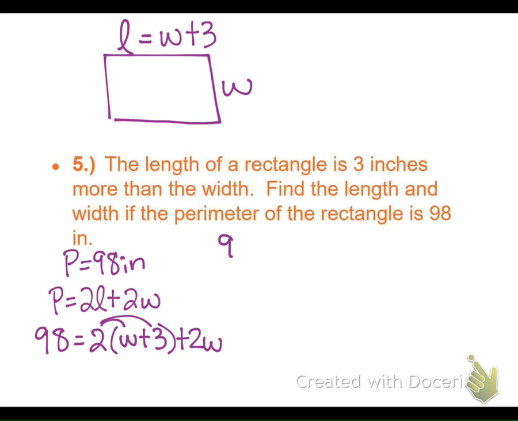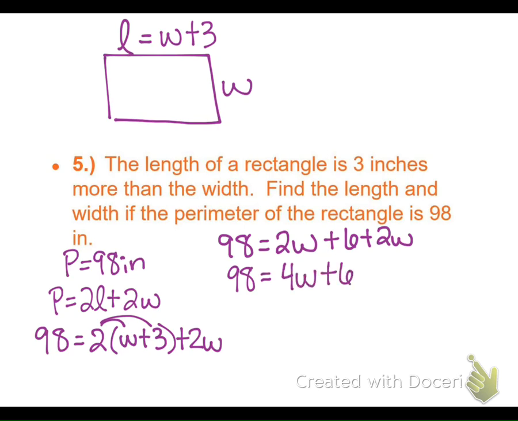When we distribute, we have 98 equals 2W plus 6 plus 2W. Next, we can combine like terms. 98 equals 4W plus 6.